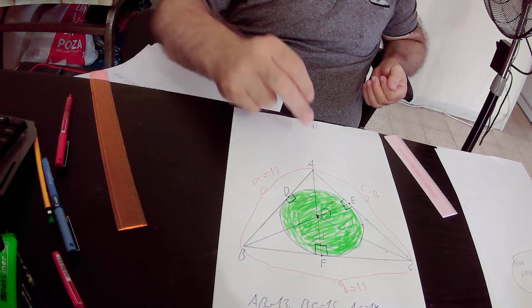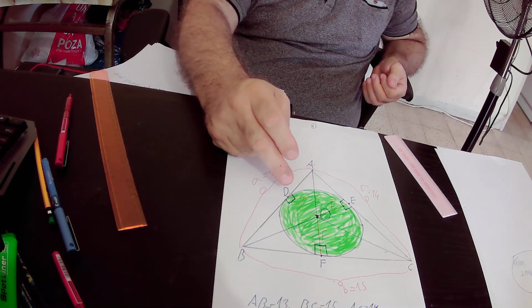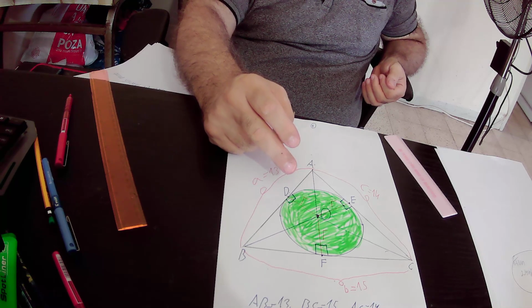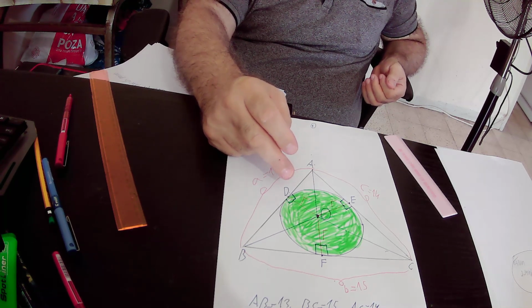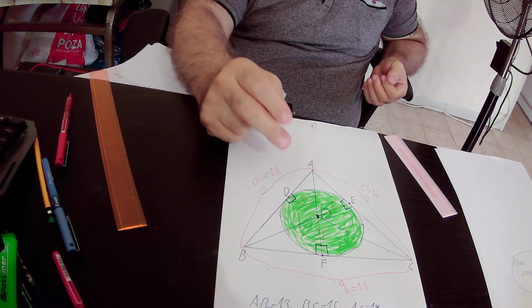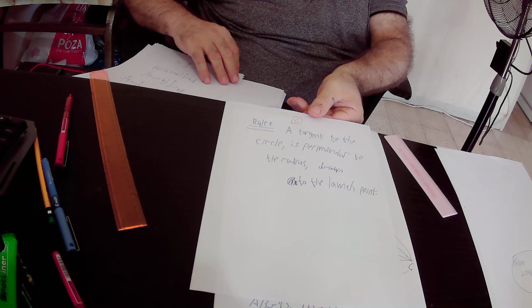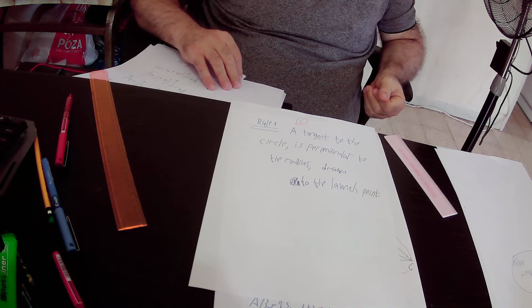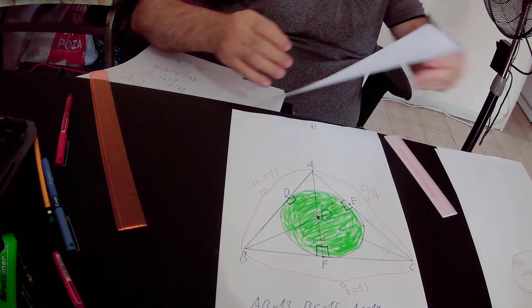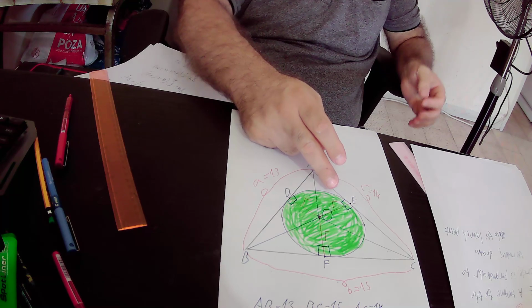Then we drew 3 radii that start from the center of the circle and touch the circle at the launch points, between the green circle and its tangents. We have rule number 1, which states that a tangent to the circle is perpendicular to the radius drawn to the launch point. So whenever you draw a radius to the launch point, that radius will be perpendicular to its tangent.